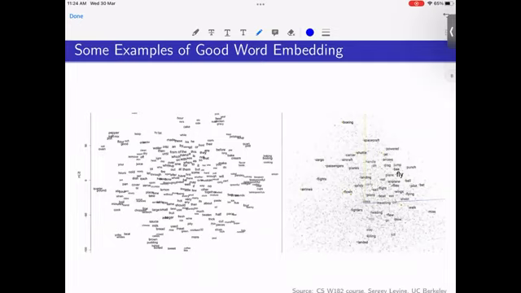Okay, these are some examples of good word embedding. This is a word embedding run on some corpus of data, using the word2vec method, which we will definitely cover today. You see these words: paper, salt, mix, put, roll, oven, flour, soft.